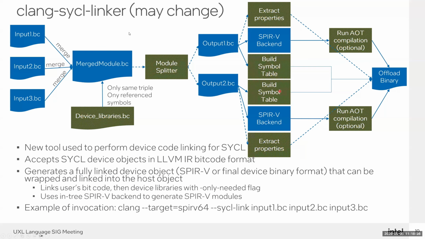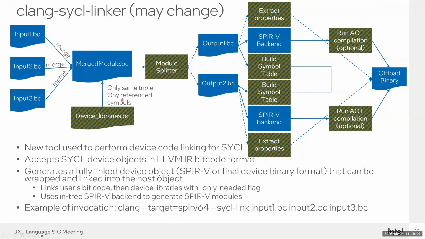So what is Clang SYCL linker doing? It gets, for example, several bitcode files. This is device code. For example, it all targets some architecture. So it merges everything together into a single merged module.